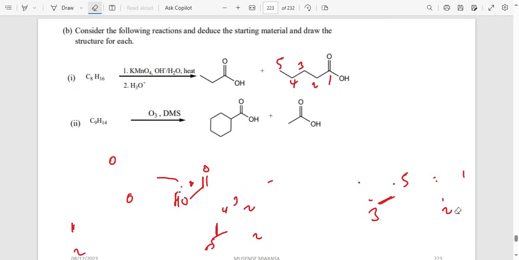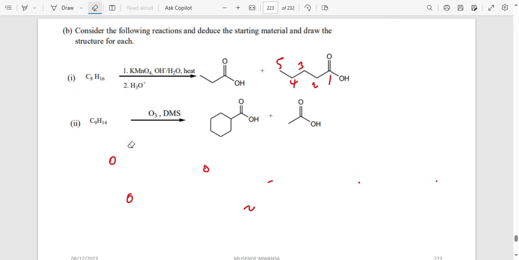So it's really easy to come up with the compound as long as you understand what monosubstituted, disubstituted, and unsubstituted are going to be able to form. Okay, let's look at the next one here. Look at the functional group.